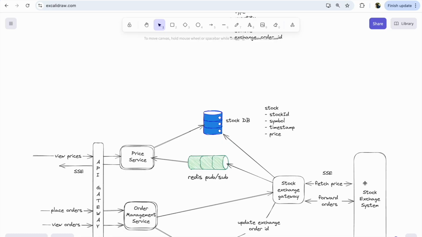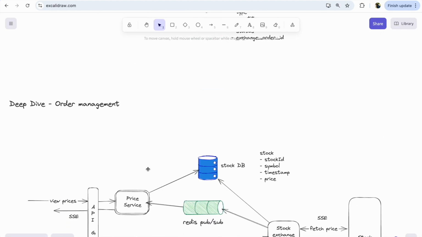Then the flow becomes very smooth. The stock exchange system sends the price updates using SSE. The stock exchange gateway puts them in this Redis PubSub and also stores them in the stock DB, and then the price changes are pushed to the price service, and the price updates are sent to the client.